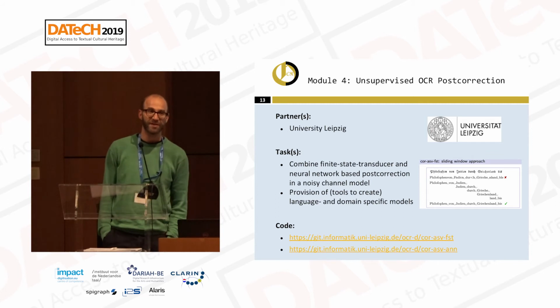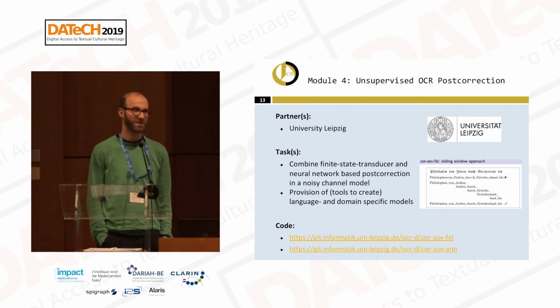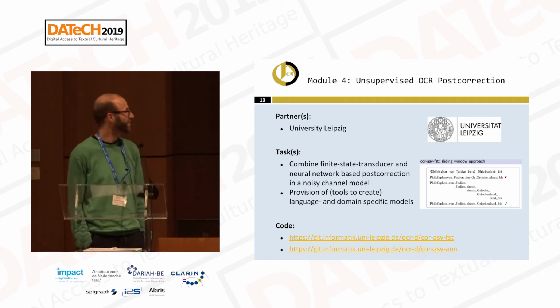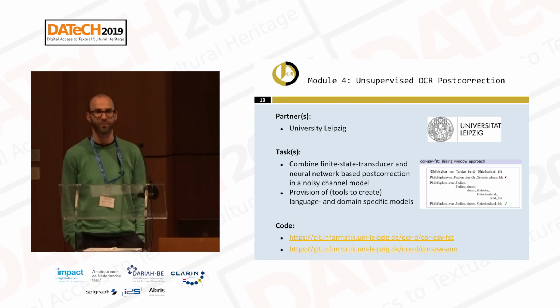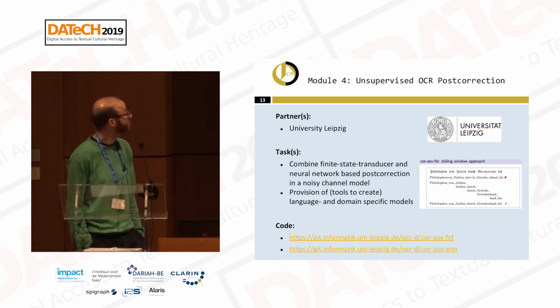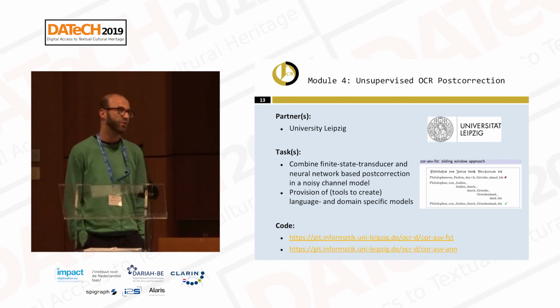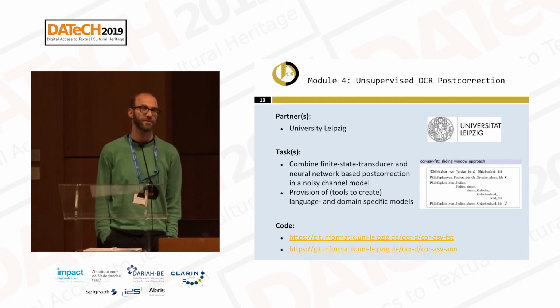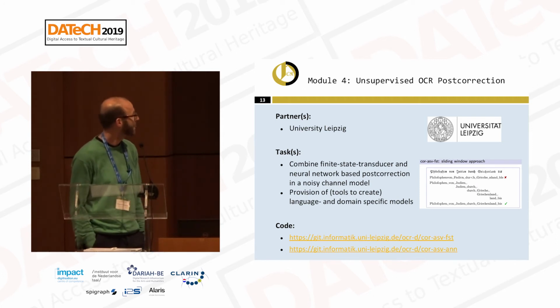We also have, in the area of post-correction, two modules. One that we've already heard about, the PoCoTo, but there's also another one operated by the Computational Linguistics group at the University of Leipzig. And here the approach is to combine finite state transducers with a recurrent neural network for post-correction.